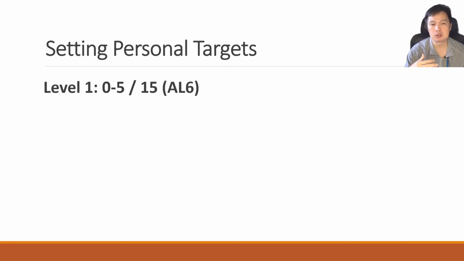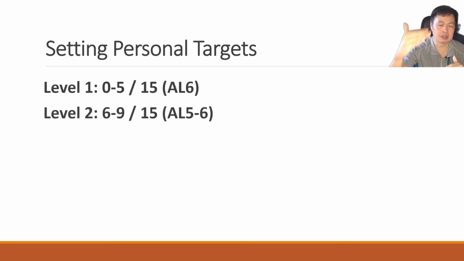You're still failing the exercise, maybe still getting an AL6, or maybe below AL6. But it's a start. I don't want students to feel discouraged. If you're getting 0, 1, and then suddenly you get 3, 4, 5 because you watched this video, I want to encourage you. That's a good thing.